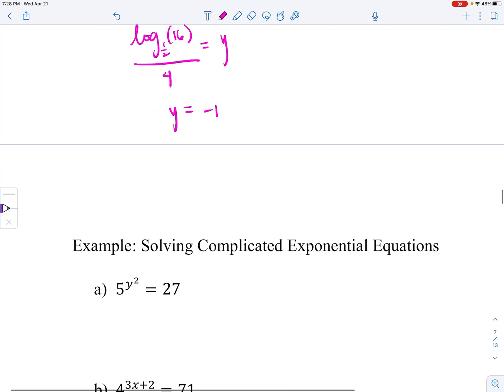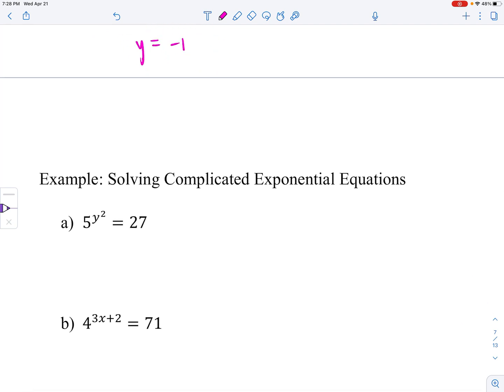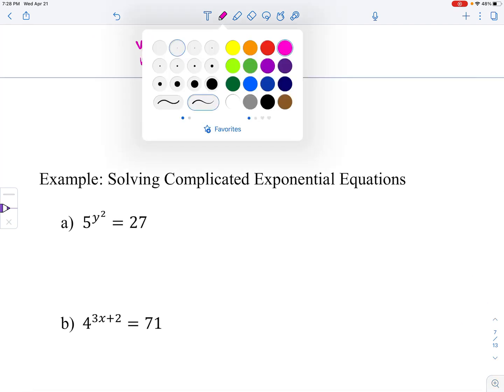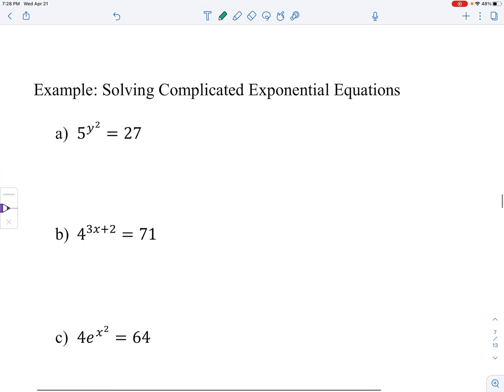Again, you could have rewritten 16 as 1/2 to a power. Okay, now for solving more complicated exponential equations, what I mean by that is you don't have the option of rewriting and using the one-to-one property.